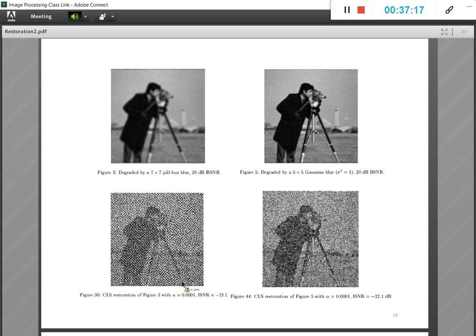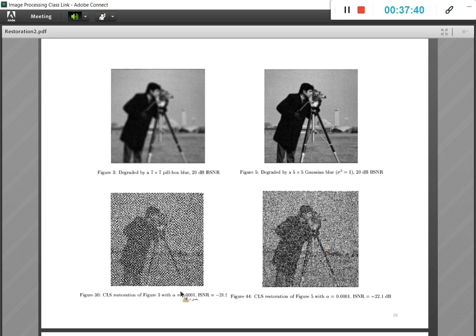You see that the result is bad. You see ISNR, for example, about minus 20 dB, and this is again about minus 22 dB. This result is bad.